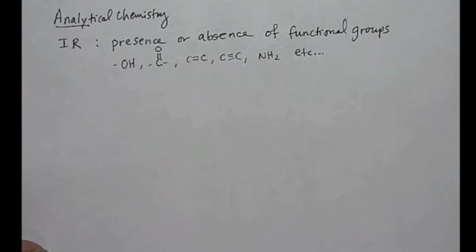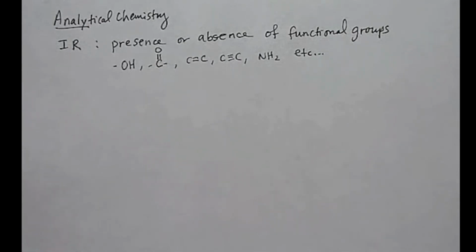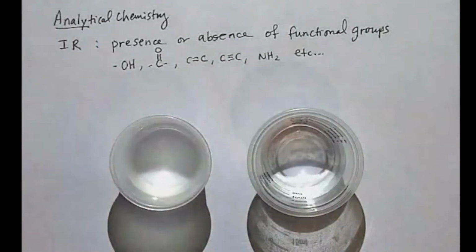Now IR is a great piece of information, but how do you determine the exact structure of a compound once you know the functional group? So for example, let's say I have two little containers filled with clear liquid, and I will tell you that one of the liquids is ethanol and the other liquid is methanol.